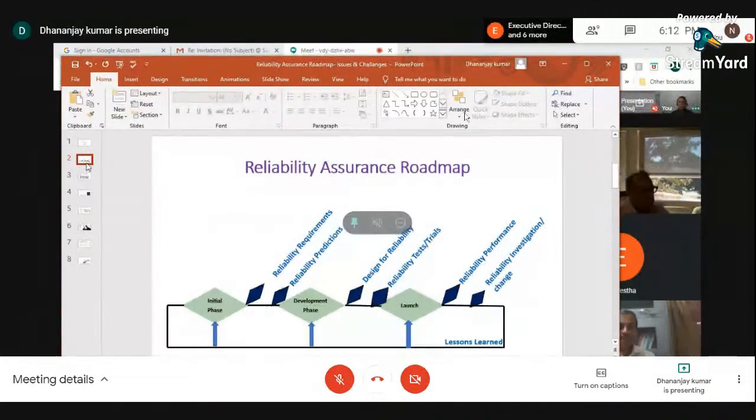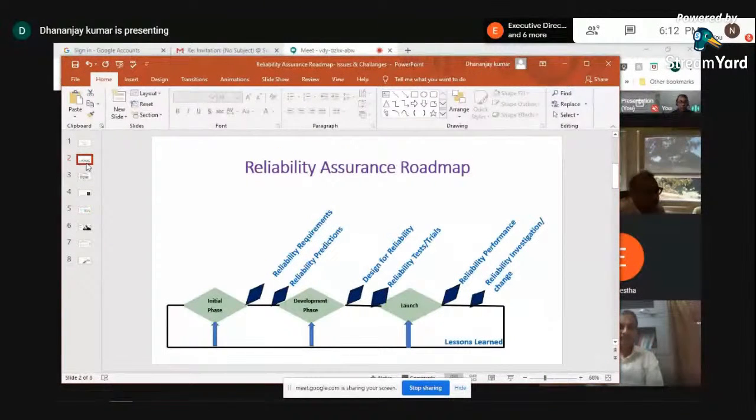So, starting from the concept, that's where most of the industry doesn't take reliability requirements into account, other than regulated industries. Most of the defense industry is very good at asking for reliability during the contract phase itself, before the concept phase.